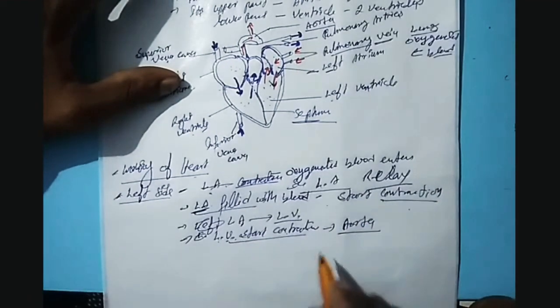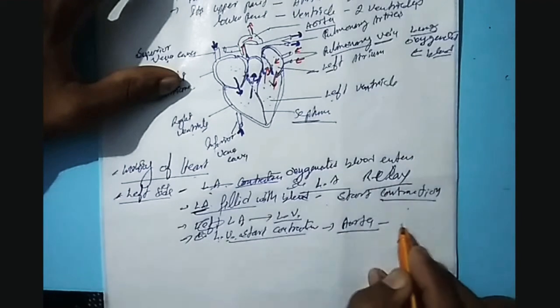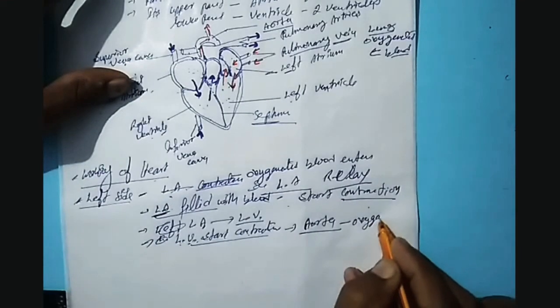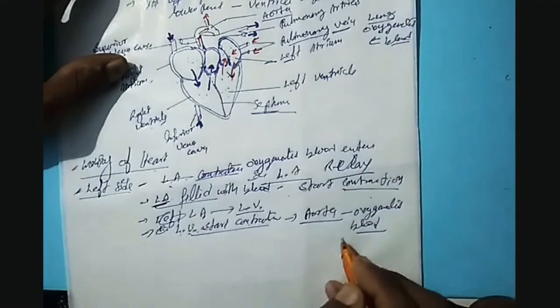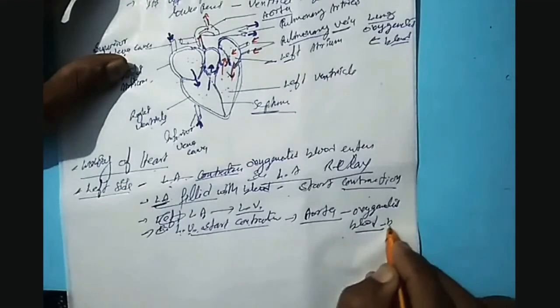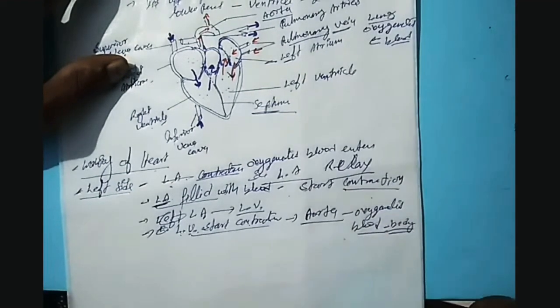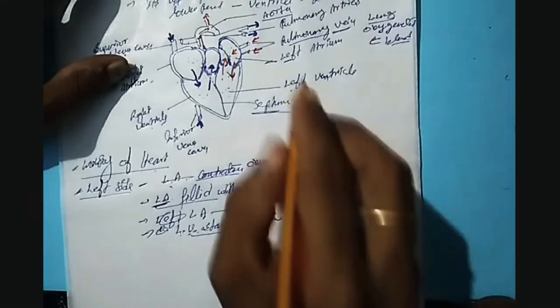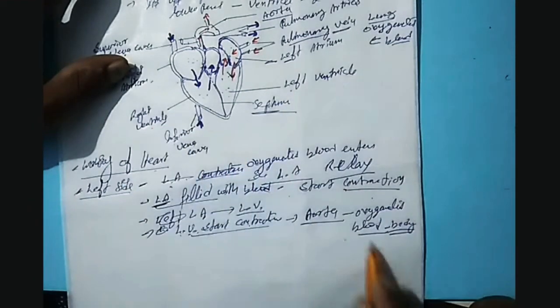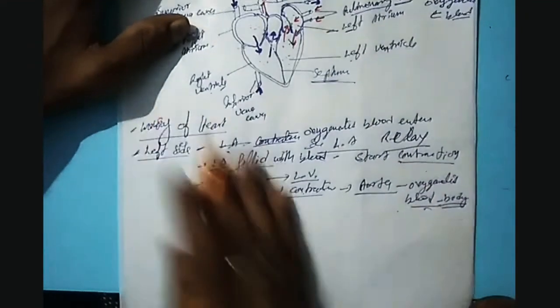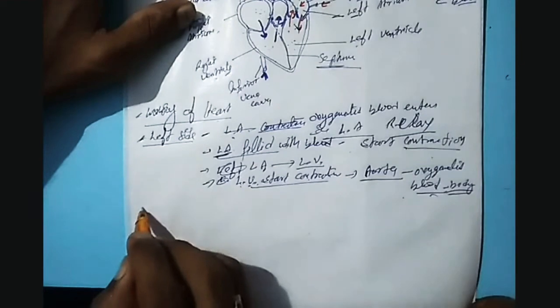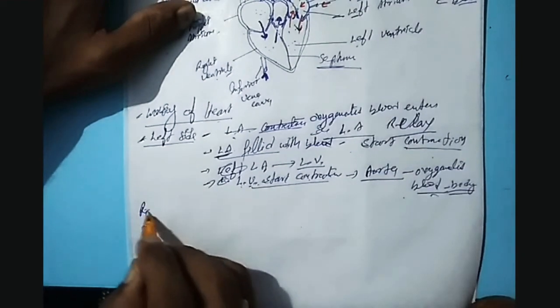It is the major artery which supplies the oxygenated blood that comes from the pulmonary veins to all parts of the body. And then starts the working of the right side.